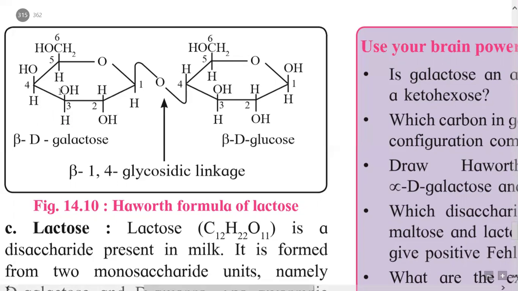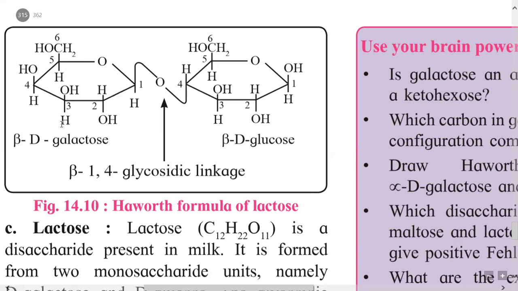Here this is beta D galactose, because first carbon OH group is above the ring, and here this is again a glucose molecule whose first carbon OH group is above the ring, hence it is a beta D glucose.